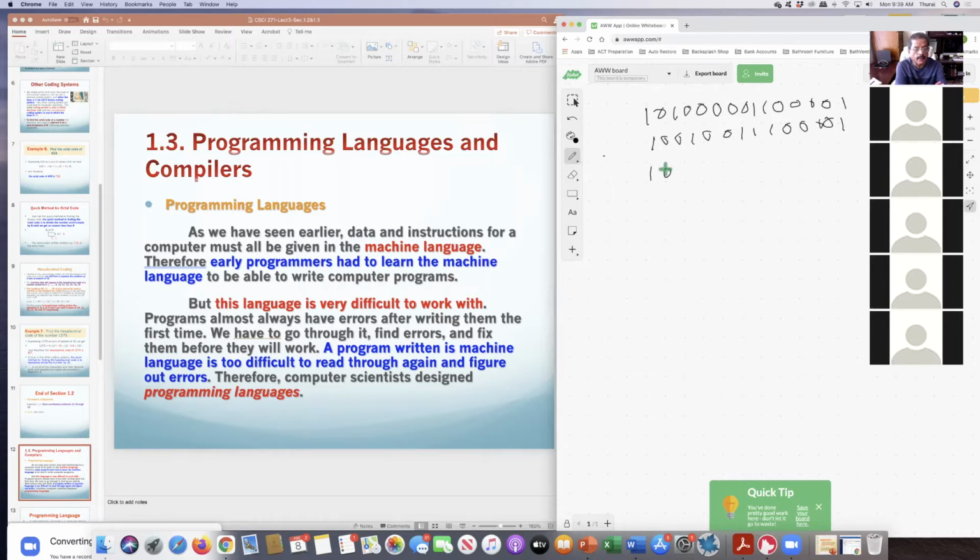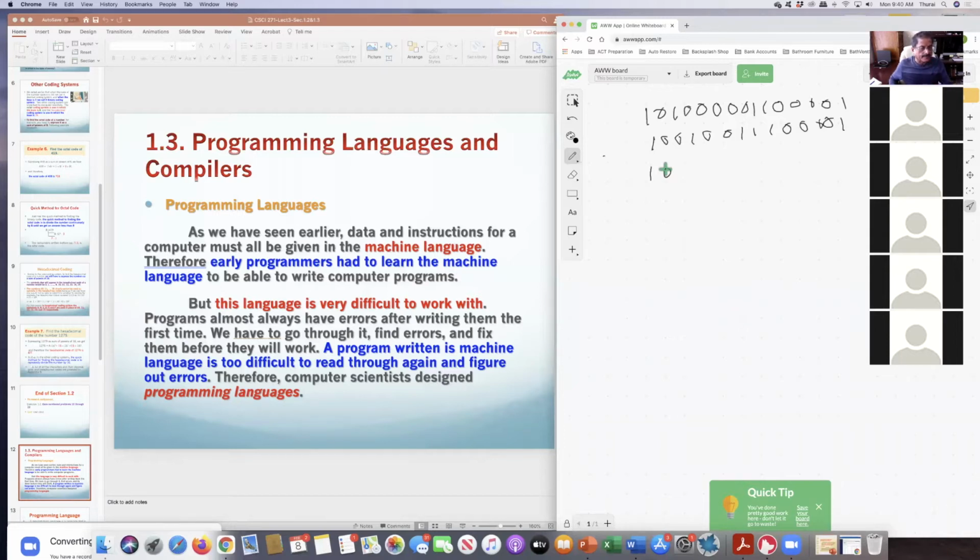And right after they designed this computer, they decided to start their own business, and they started the IBM company. That was the very first company that sold computers. And the computers were not selling very much because there were no programs available, and the programs were extremely difficult to write because of this machine language. So they had to come up with a solution for this problem.